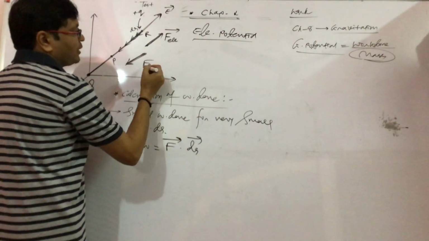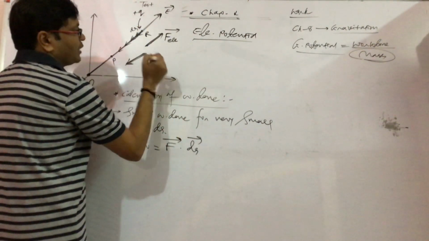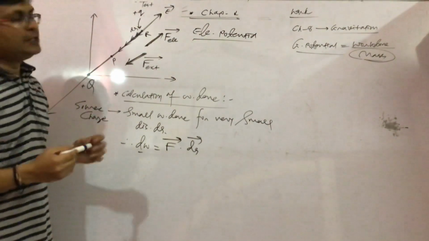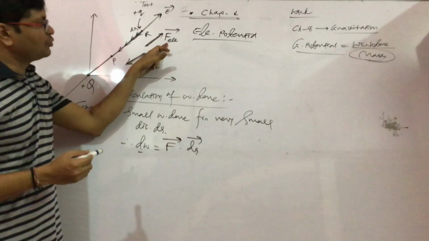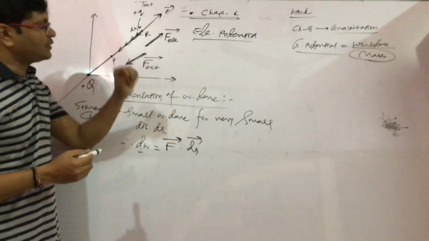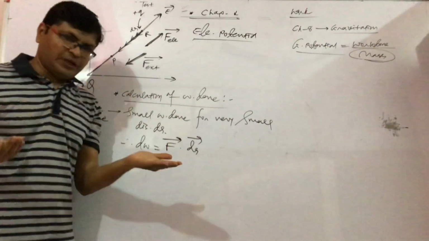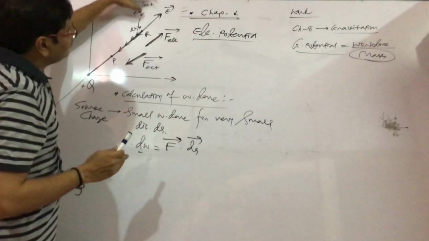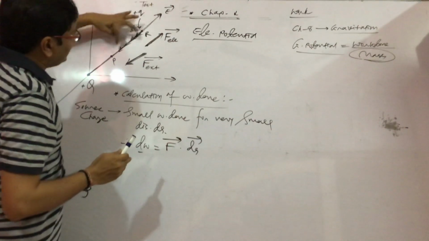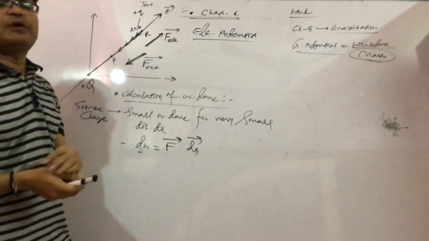This force is applied by you externally, that's why it is called external force. The other force is produced due to the electric field of the charge. Both forces are equal in magnitude and opposite in direction, that's why we can move this plus q charge from point R to P with constant velocity.